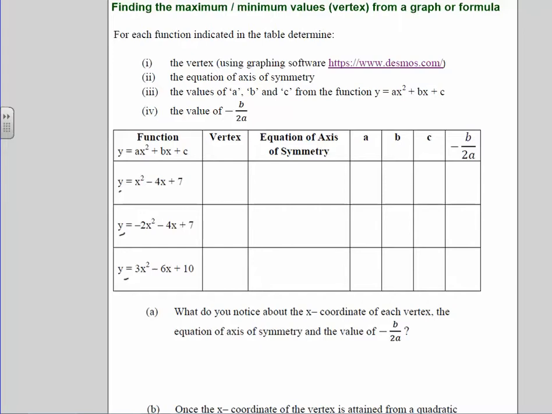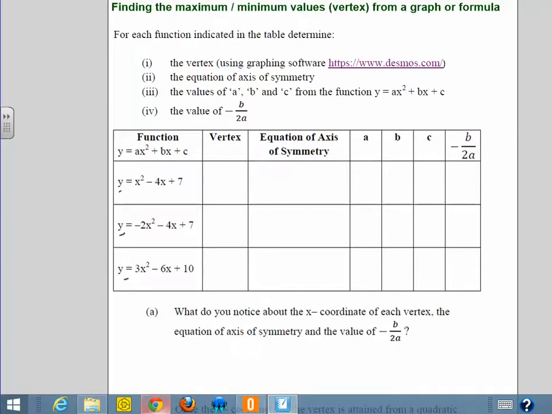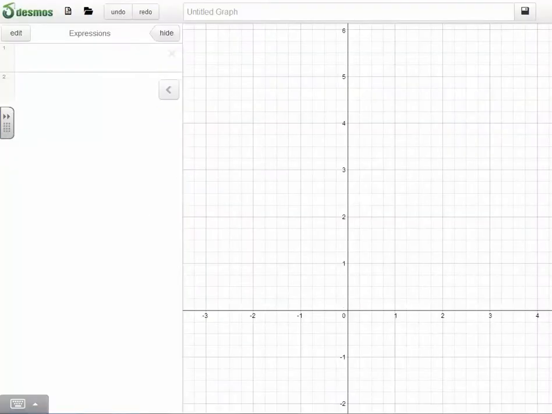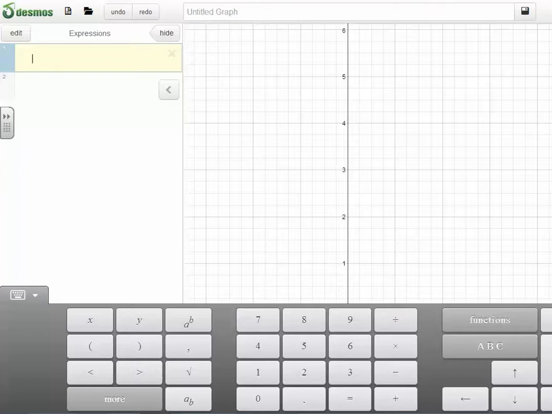So first we go to this website here, and you click into your editor on the side. We say y equals, and we want x squared subtract 4x. So x, hit your exponent button, squared.